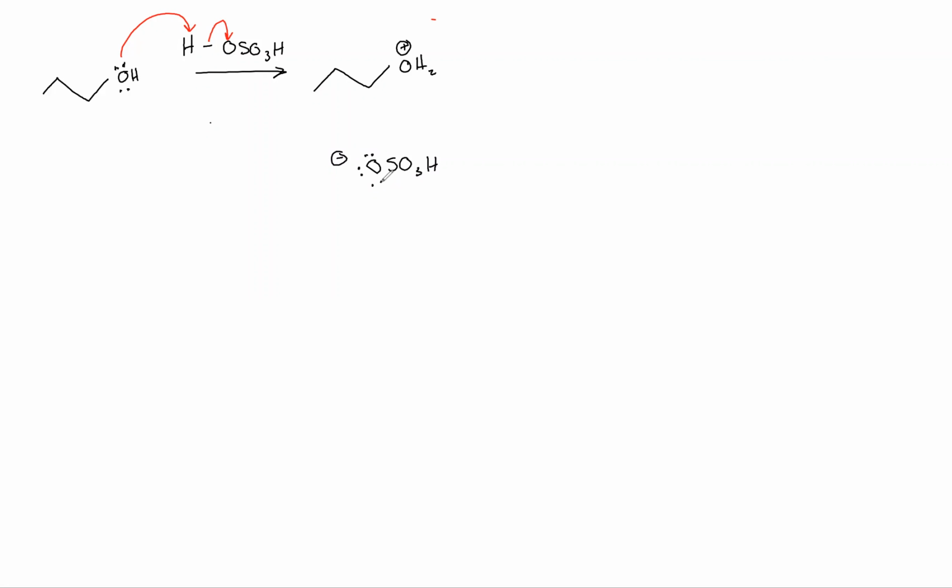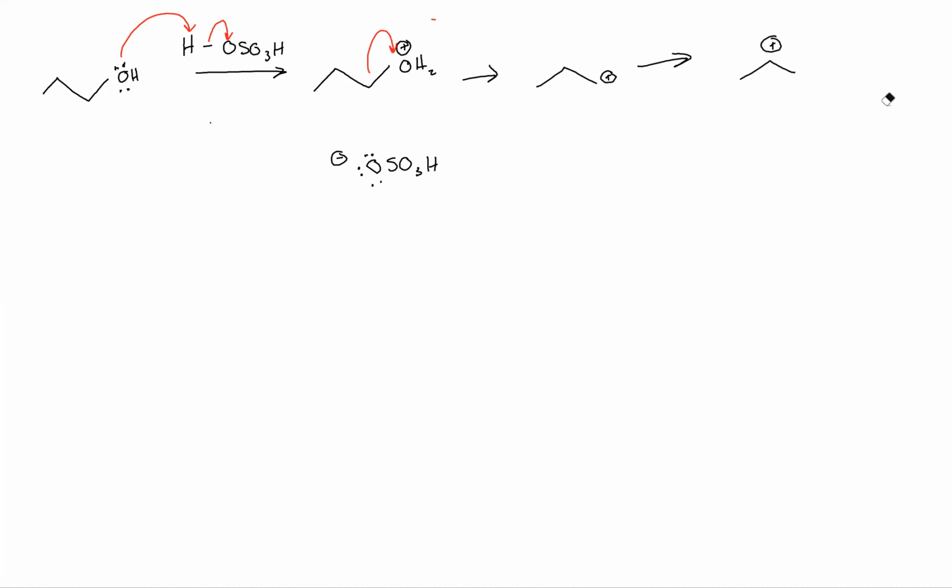Okay, so when we have this, now we have a good leaving group. So our leaving group is going to leave, and we are going to end up with a carbocation. Of course, we'll do whatever shifting we need to in order to make the more stable version of the carbocation, in this case a 1,2 hydride shift.